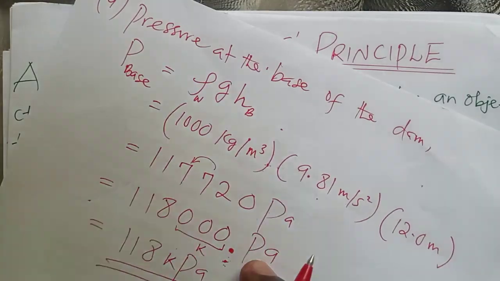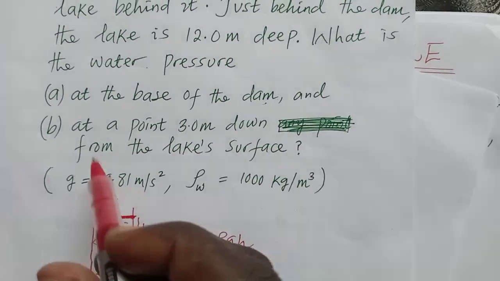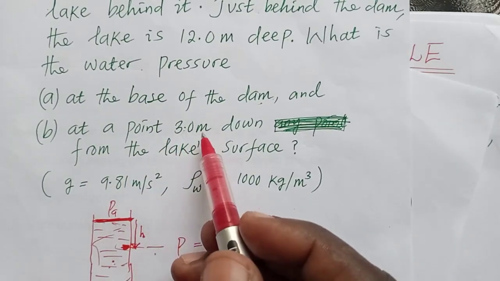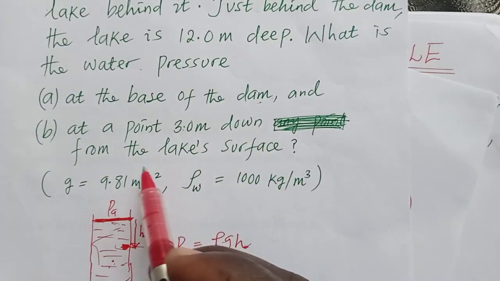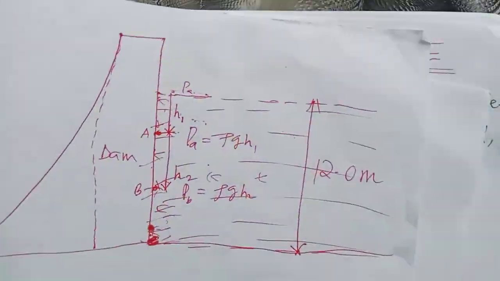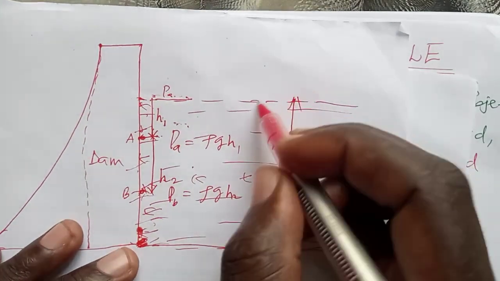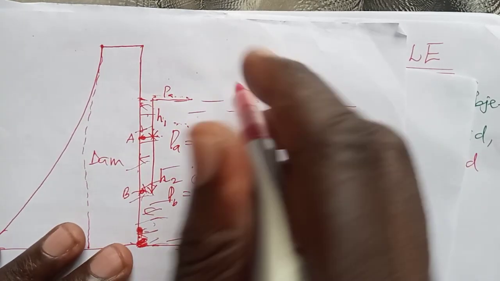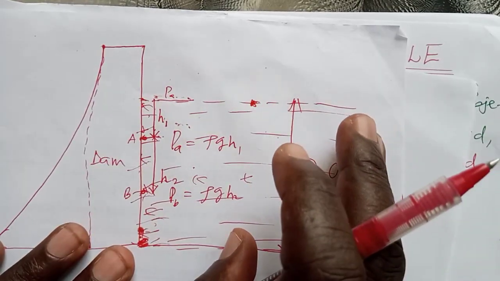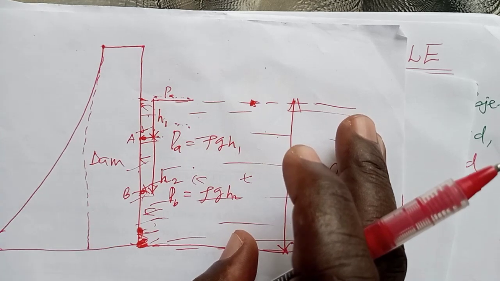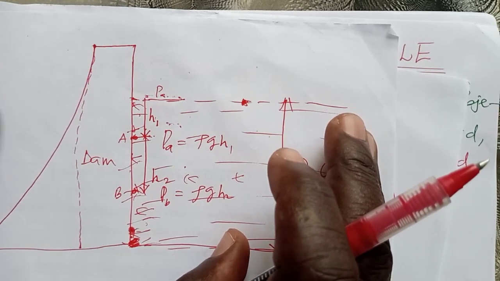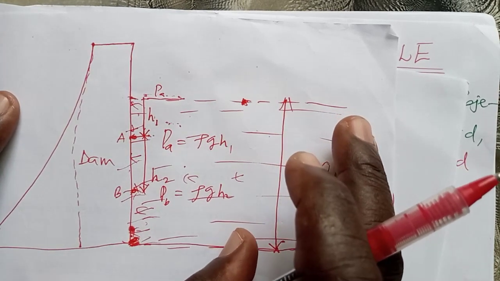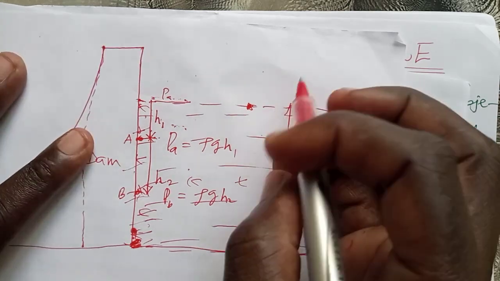Then part B says we should get the pressure at a point 3.0 meters down from the lake's surface. Let me bring the dam again. It is 12.0 meters deep, and now they want you to get the pressure at a point 3.0 meters deep.